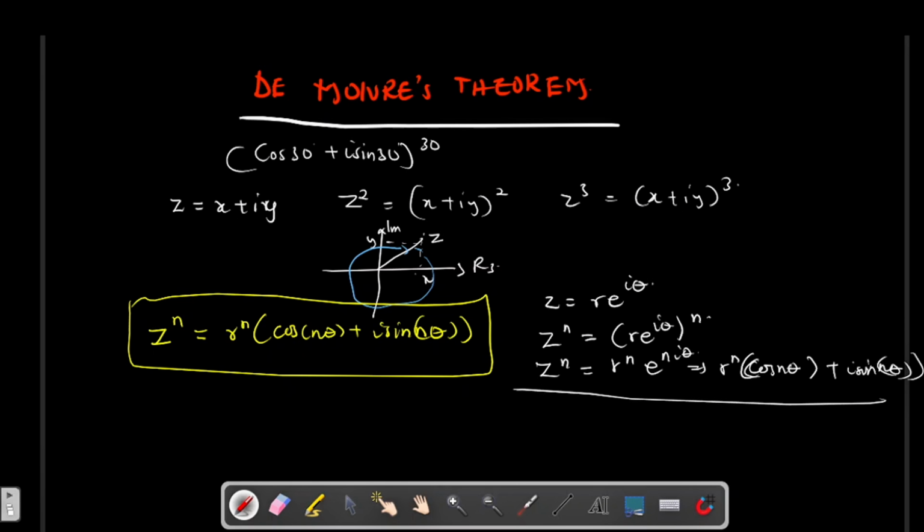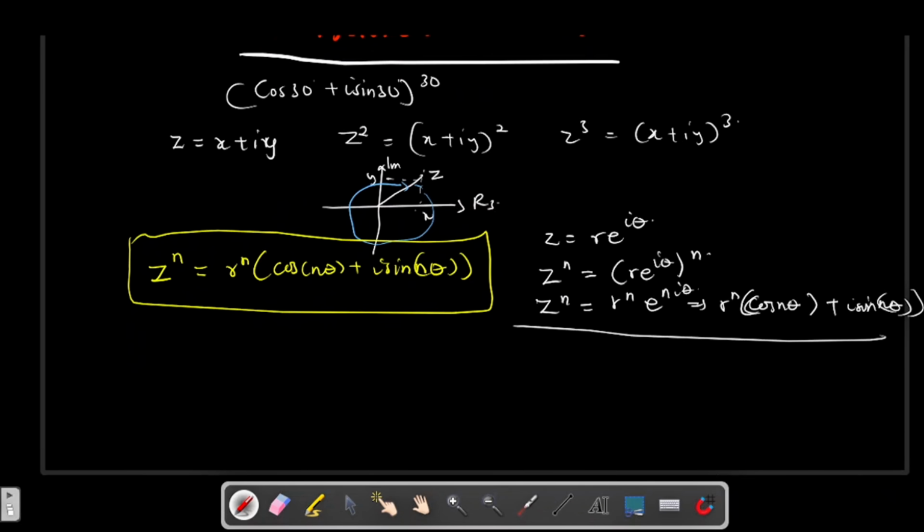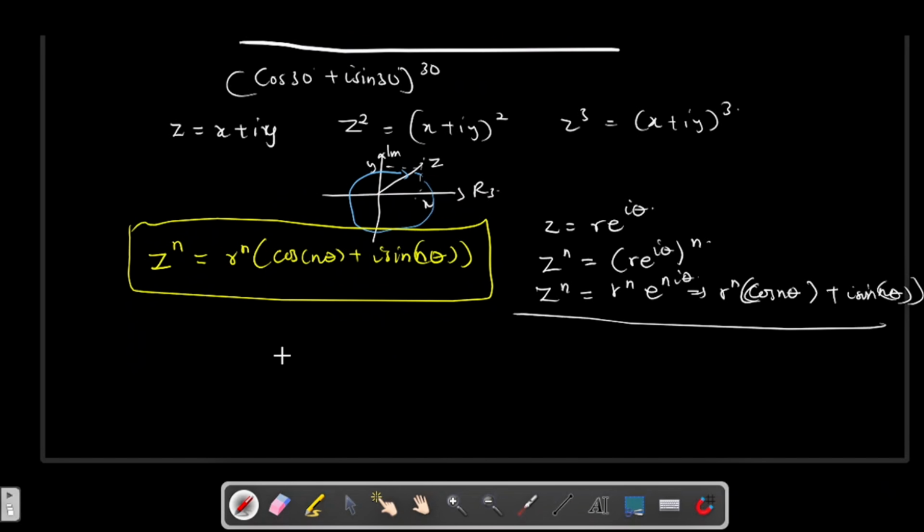So let's see some little applications before we delve deeper to solve more application questions in our subsequent lessons. Assuming I'm giving you (cosine of 30 degrees plus i sine 30 degrees) all to the power 3. What happens here?